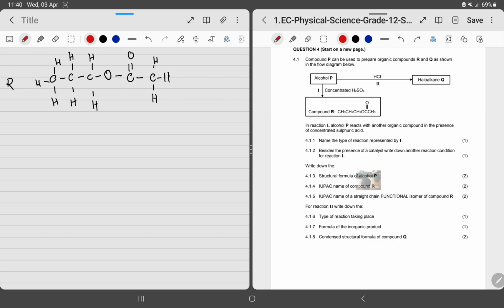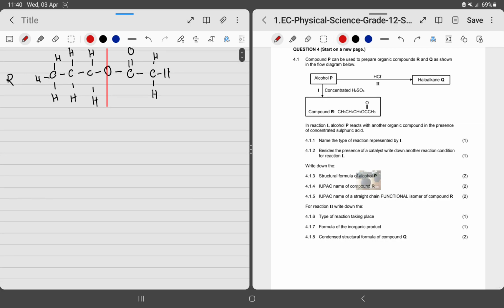In order for me to produce an ester, I need to have an alcohol as well as a carboxylic acid. And the simplest way to figure out what the carboxylic acid and the alcohol were, you just draw a vertical line cutting across the oxygen atom.